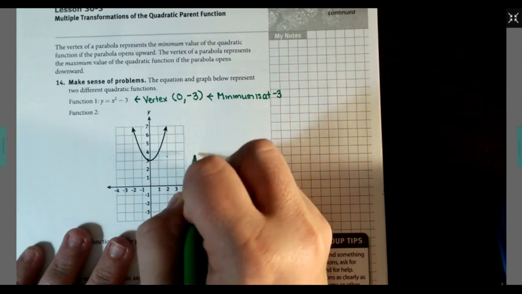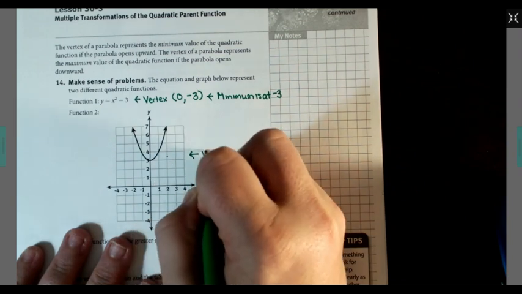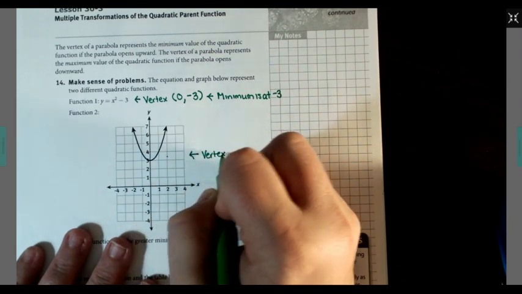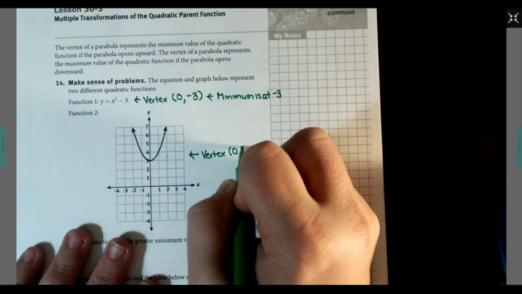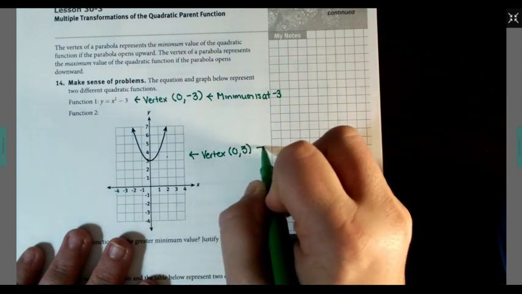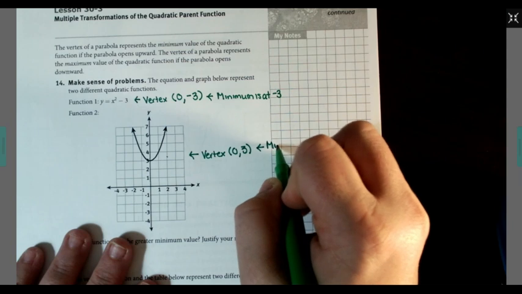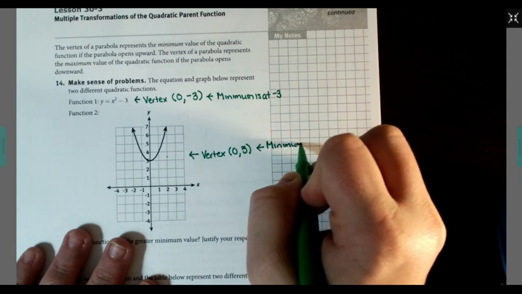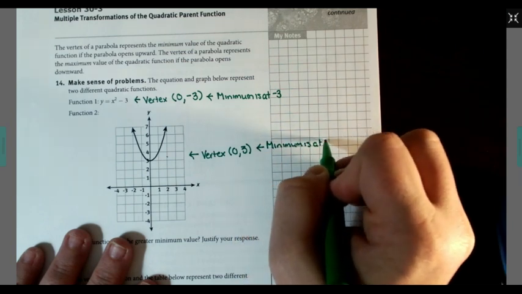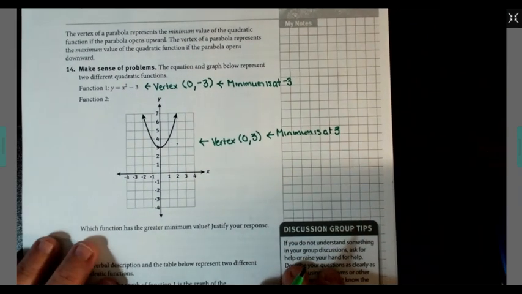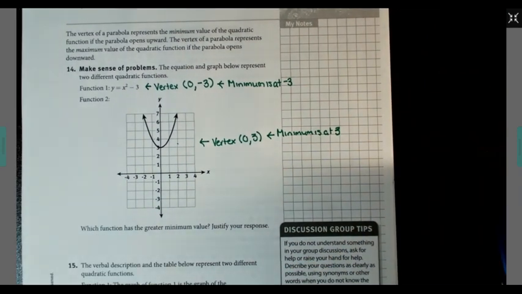Here in the graph, my vertex is 0, 3, meaning that the minimum is at 3. Which of those two is greater?